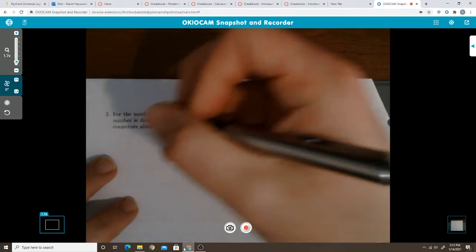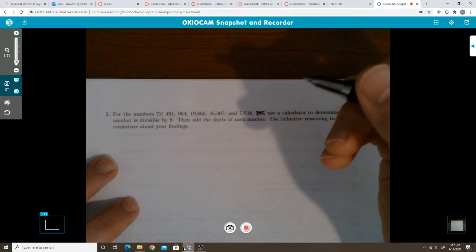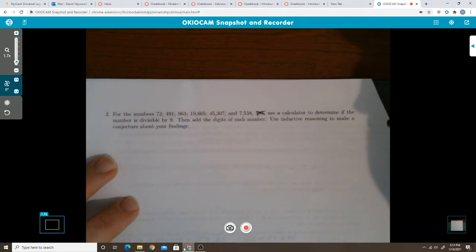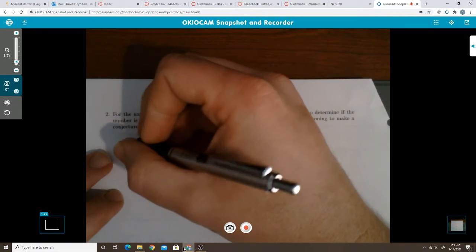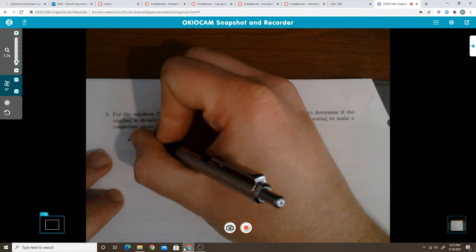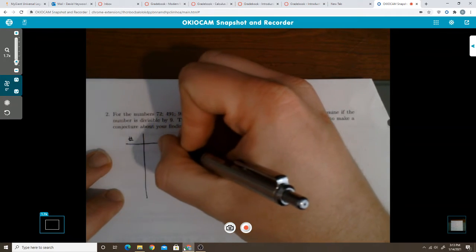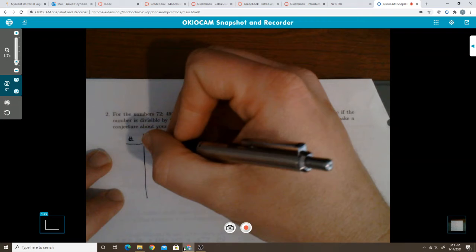So for 72, that we don't even need a calculator for. 72 is just 9 times 8, right? So we know that 72 is divisible by 9. Maybe I'll make this a chart. So I'll put the number here, and then I'll ask, is it divisible by 9?